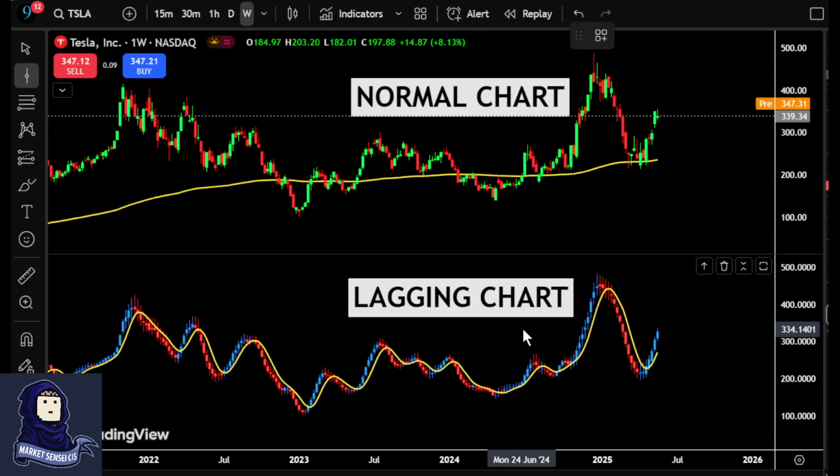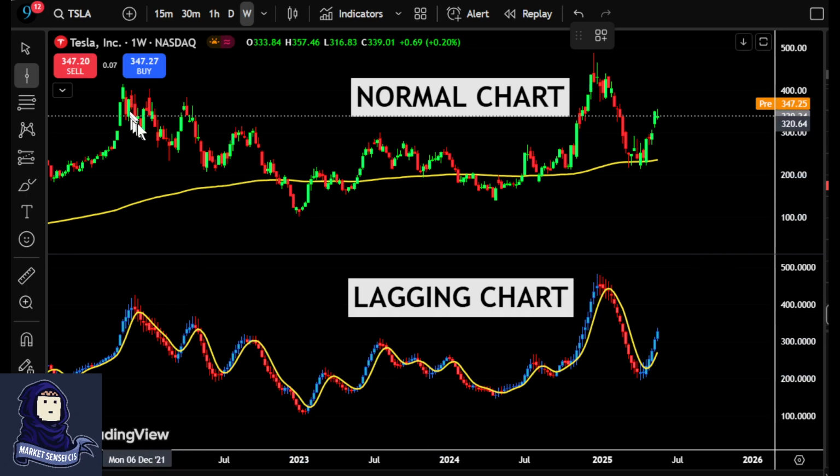If you're trying to enter on day one, I'm not sure how you're going to determine where the chart is going. If you have very good entry criteria, then maybe you can capture the trend on the upward move. But in my opinion, it's not that easy to determine the trend using a normal chart.